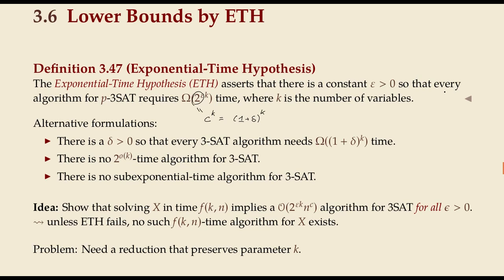It's maybe trivial that if ETH is fulfilled, then we have proof that P is not NP, because 3-SAT is an NP complete problem. And if this is... no, sorry, it's the other way around. If P is not NP, then... wait. It's a more specific statement than P is not NP.